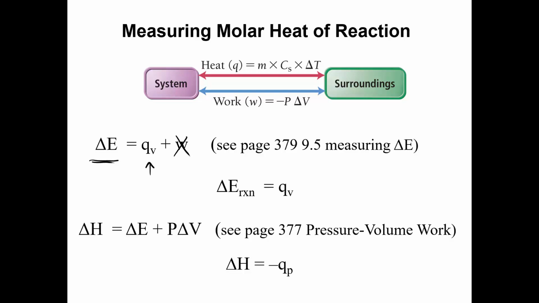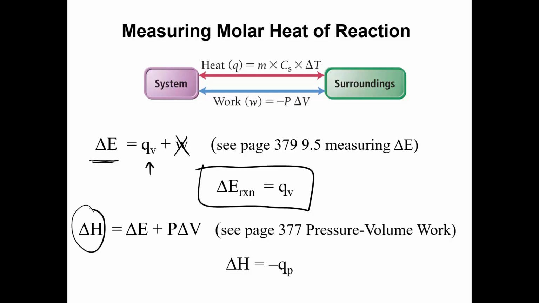Then you end up with the delta H of the reaction equal to QV, which is heat when the volume is kept constant, but we also want to keep pressure constant, right? The reason for that is I want delta H, which is a new symbol now. Delta H is specific to a chemical reaction.